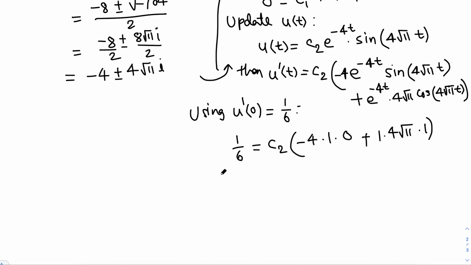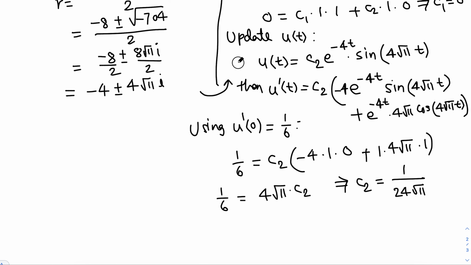So 1/6 equals 4 root 11 C2. Then we isolate C2, divide by this, so 1 over 24 root 11. You don't have to rationalize.